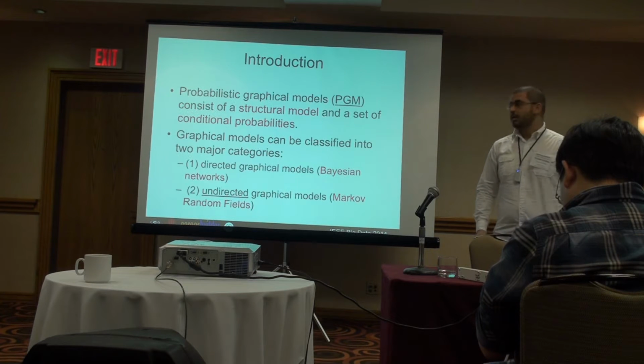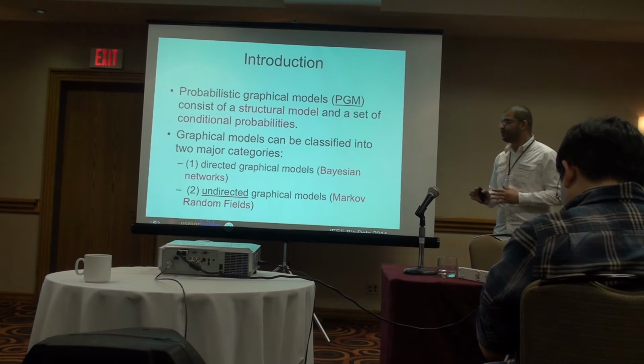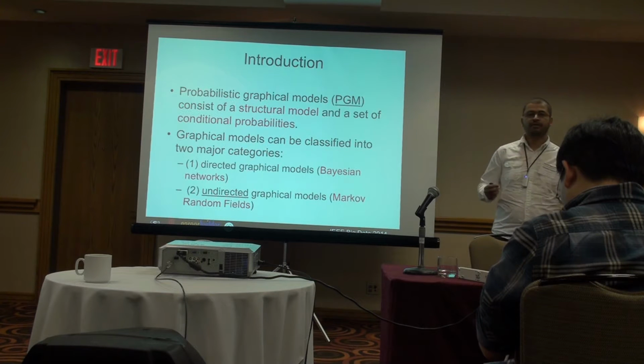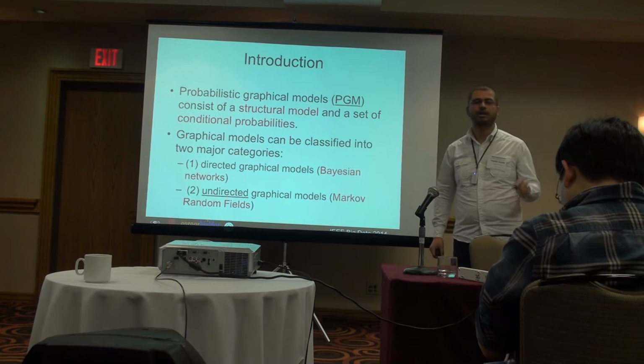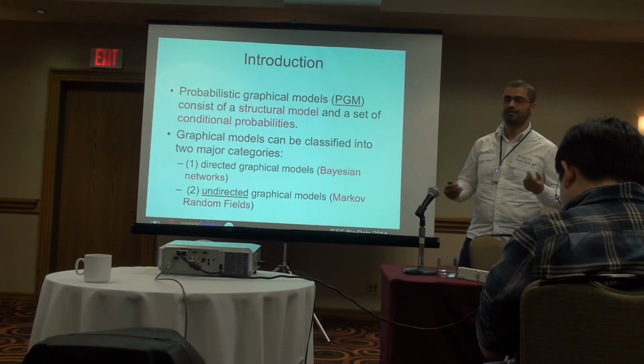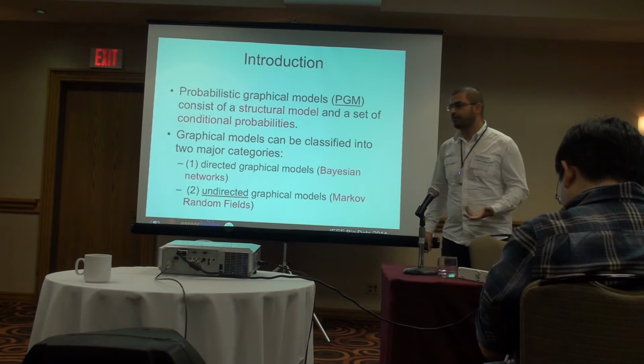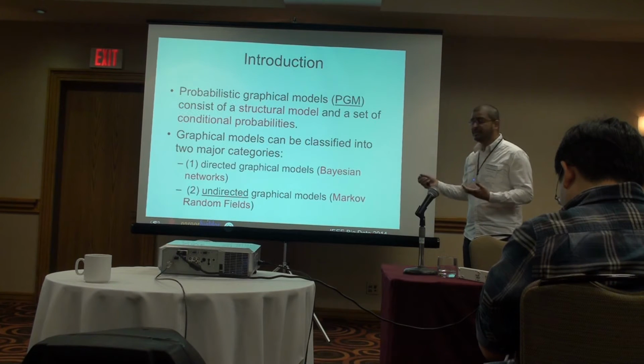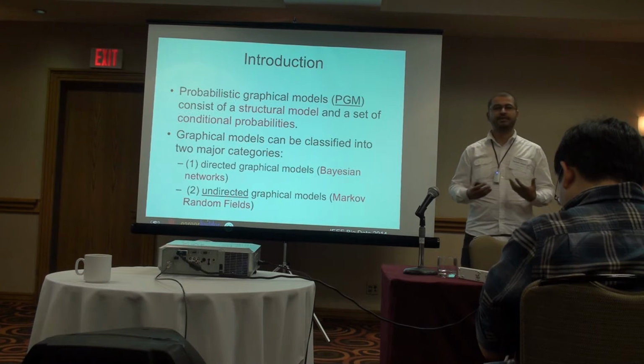So as an introduction, basically probabilistic graphical models, maybe you always hear of Bayesian network, and you hear of Markov model or Markov chain or Markov random field. So all those actually are the probabilistic graphical models.